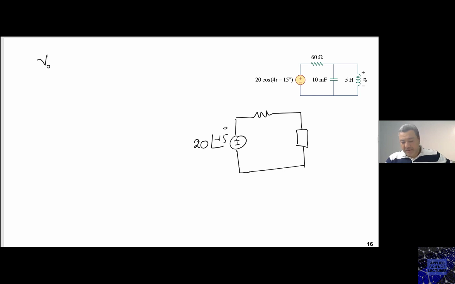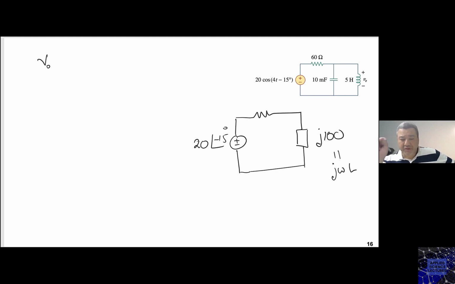Yes, because the value here is j100, and this is equivalent to j omega L, right? If that was a negative reactance, then it is equivalent to a capacitance. Always keep in mind that those components, capacitors and inductors, are frequency dependent.